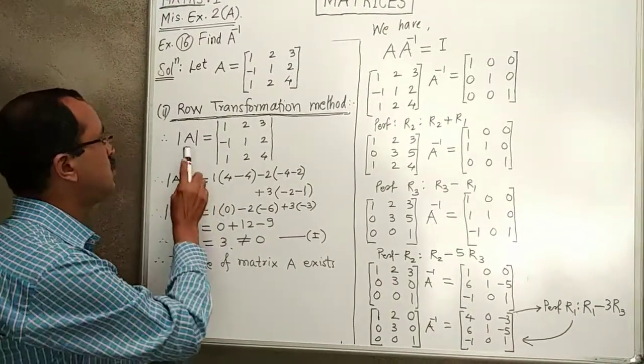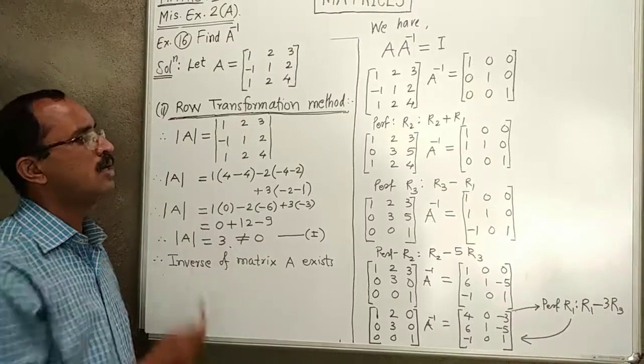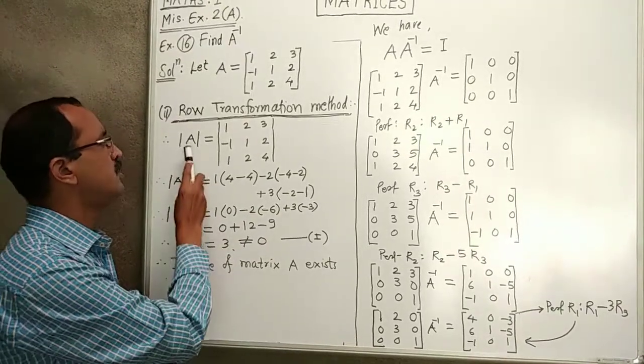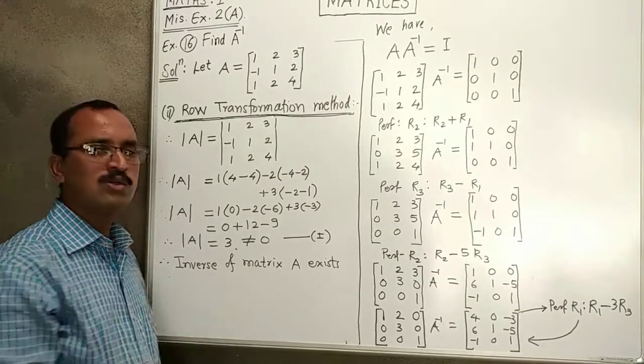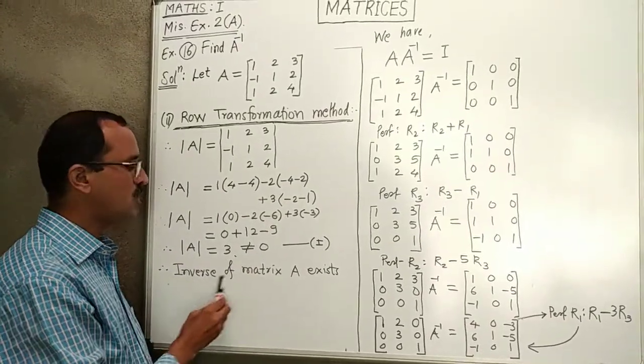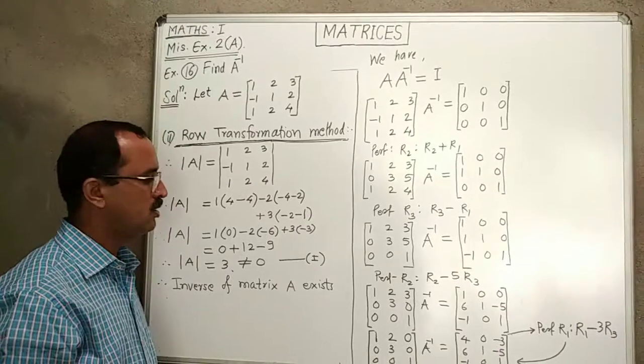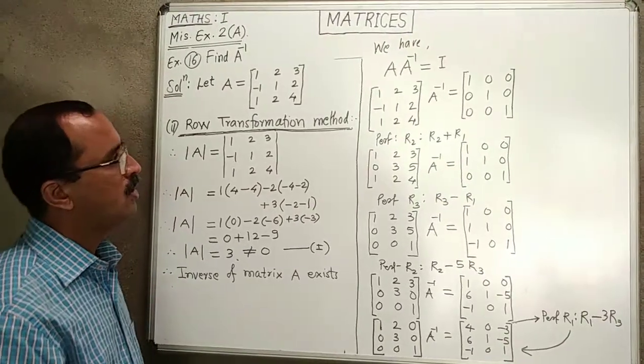So we find the determinant of the given matrix. We already found the determinant of A is equal to 3, which is not equal to 0. Therefore the inverse of matrix A exists.